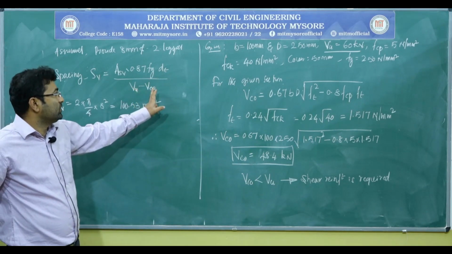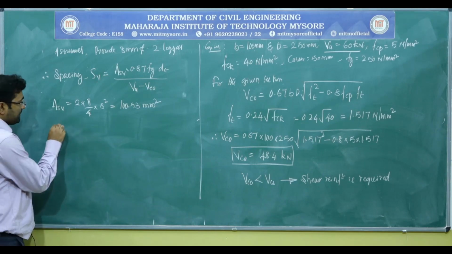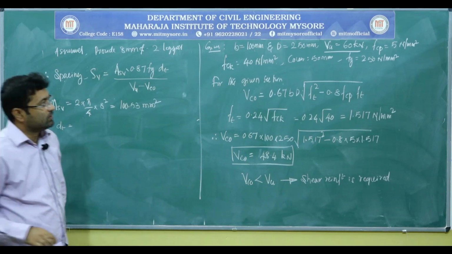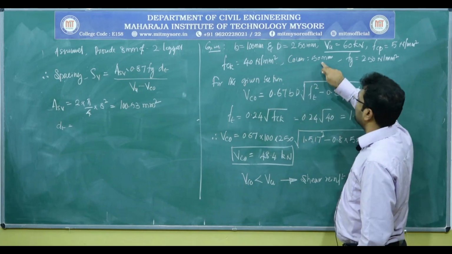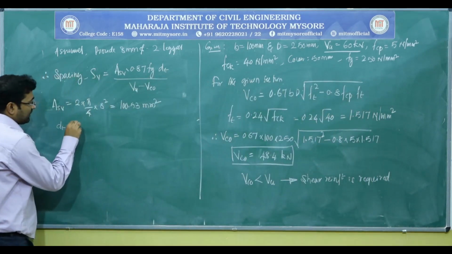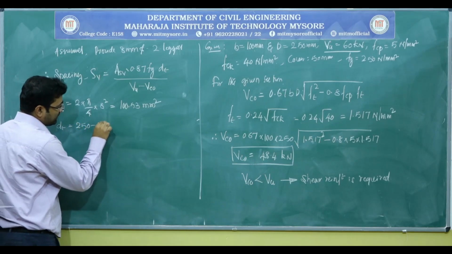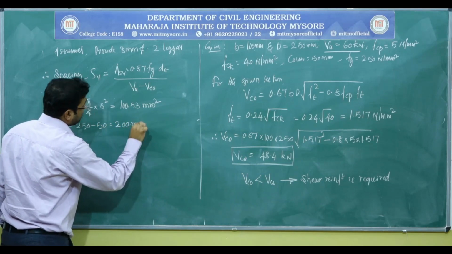We know VU, we know VC. So what is dt? That is the important thing here. dt is the effective depth. We know that the overall depth is 250 and the cover is 50 millimeter. So the effective depth is 250 minus 50, it will be 200 millimeter.